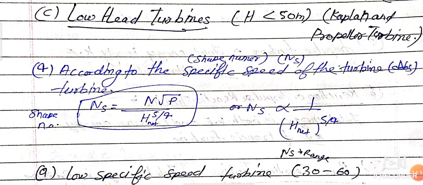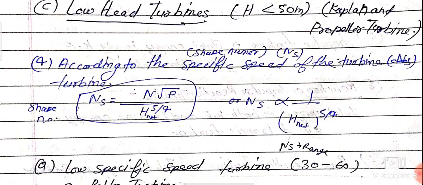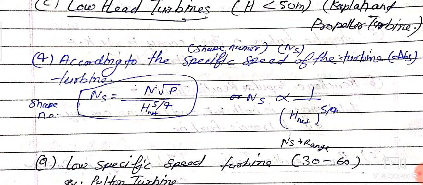According to the specific speed of the turbine, the next classification of the turbine is according to its specific speed. First we discuss what specific speed is.